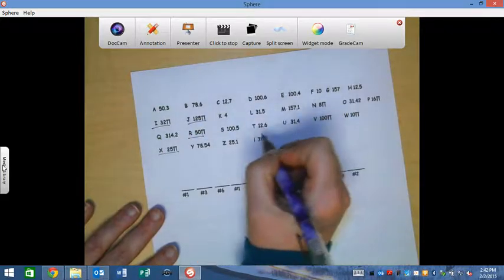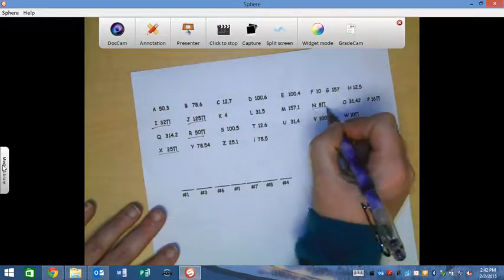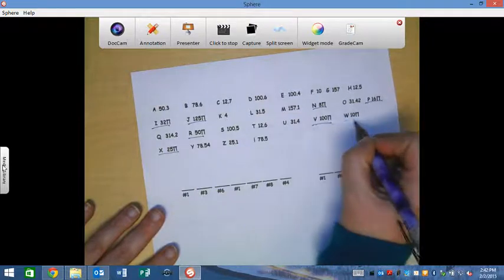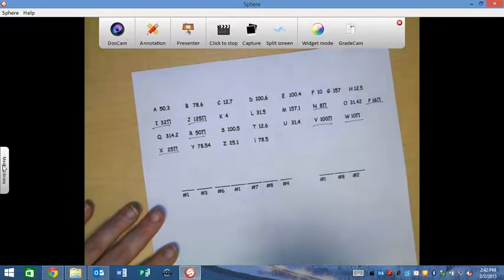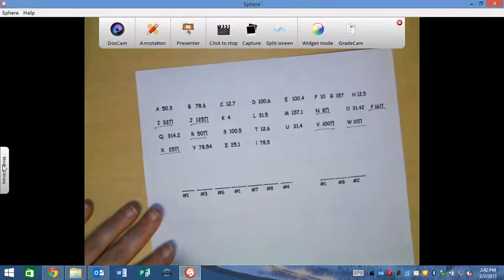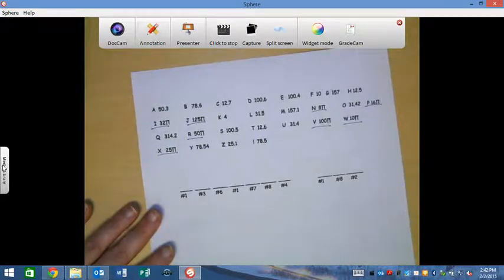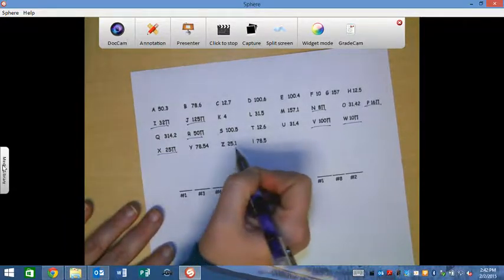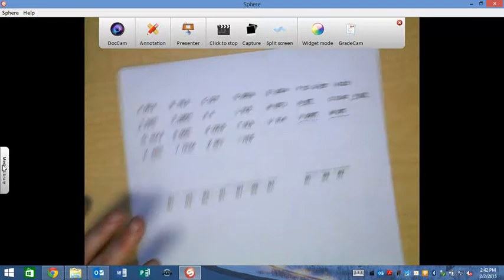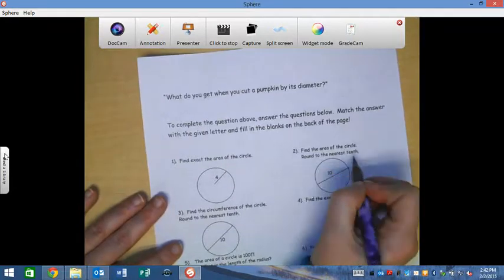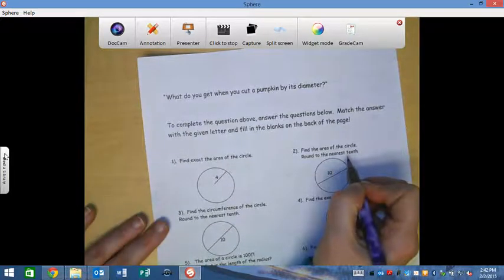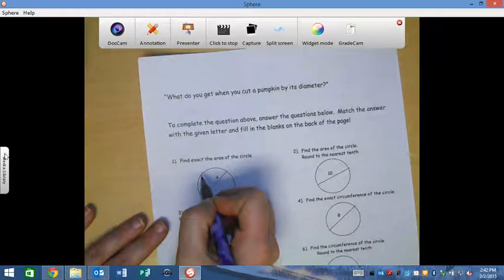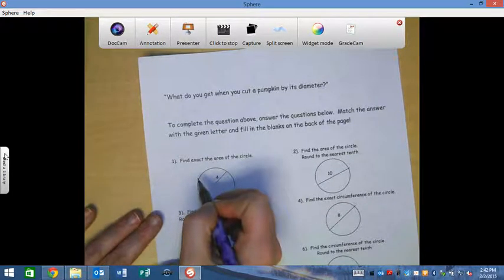So you don't have to actually multiply your numbers by 3.14 every single time. So when you're doing these, you're just going to have to check and see how they want it done. If it says round to the nearest tenth, then you're going to have to round and use 3.14. This one here, round to the nearest tenth, so you're going to use 3.14. This one over here doesn't specify, so we're going to get lucky and not have to do that extra multiplication.